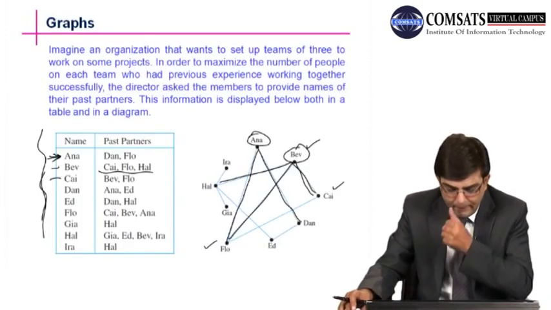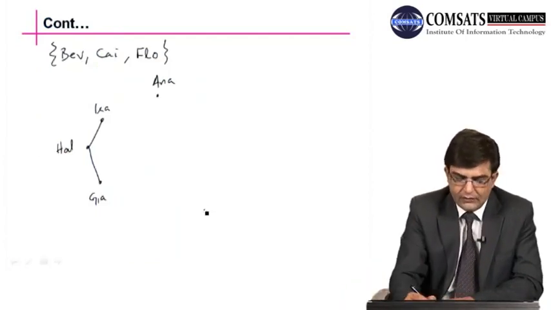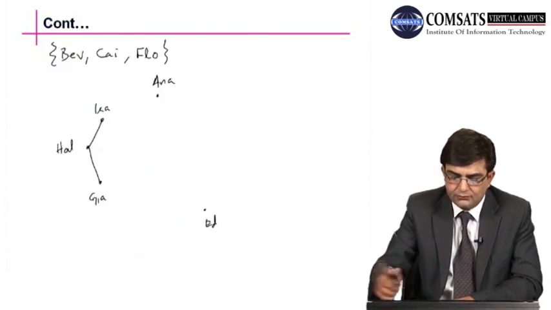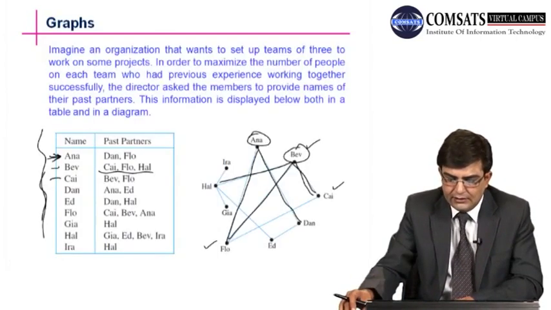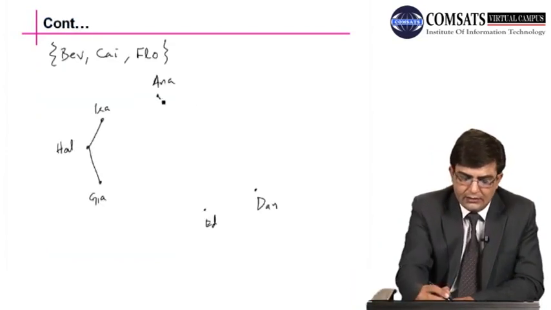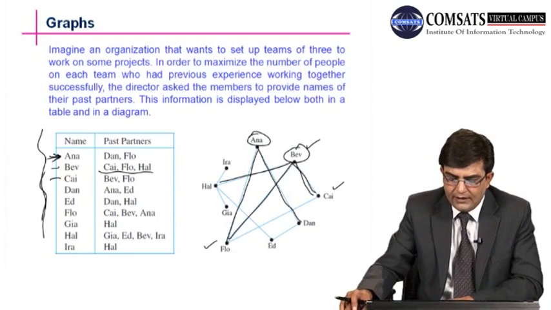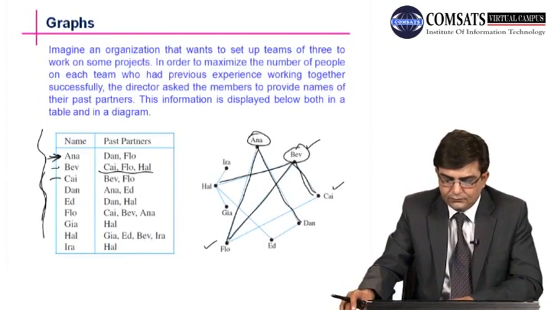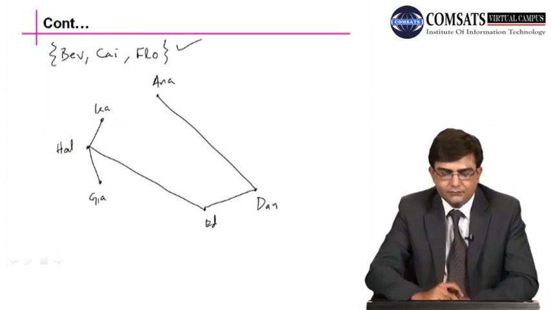Anna and Ed will come, and Dan will come here, and they are Anna, Dan, Ed. Anna is connected with Dan, Dan is connected with Ed, Ed is connected with Hal. So 3 persons have now been excluded from the graph.